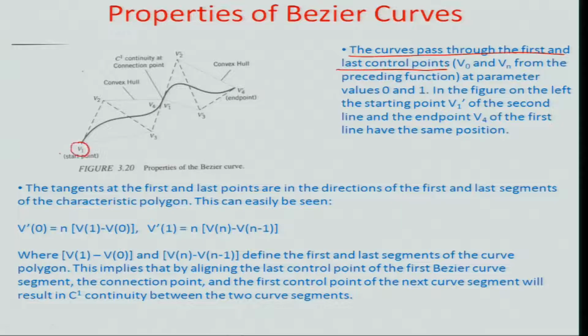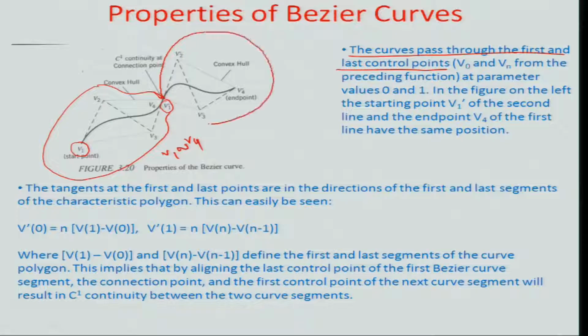You can see here that the curves are passing through either V1 or V4. For the first polygon, the fit is between V1 to V4, and for the next polygon, the fit starts between V'1 to V'4.